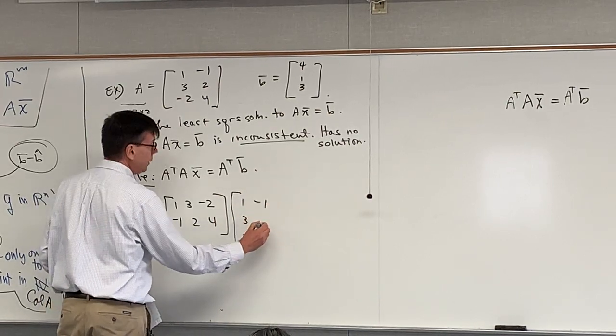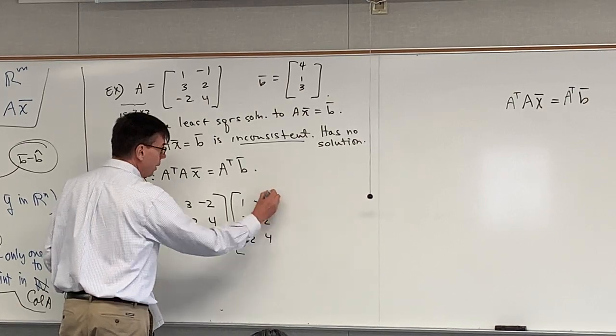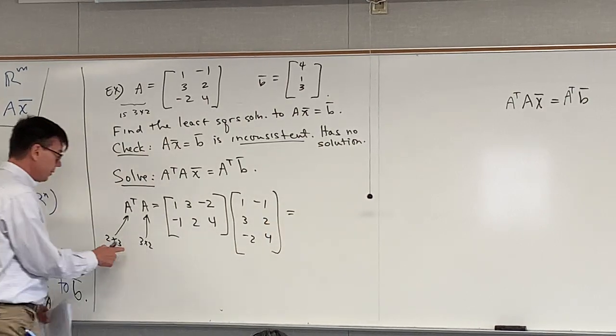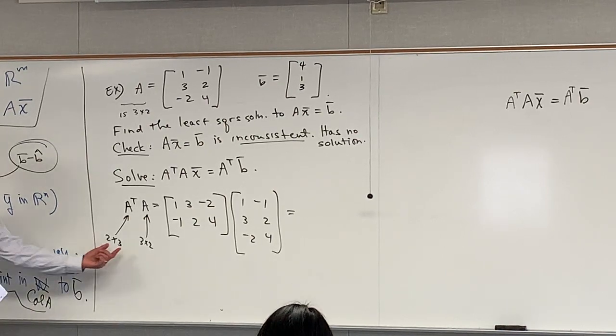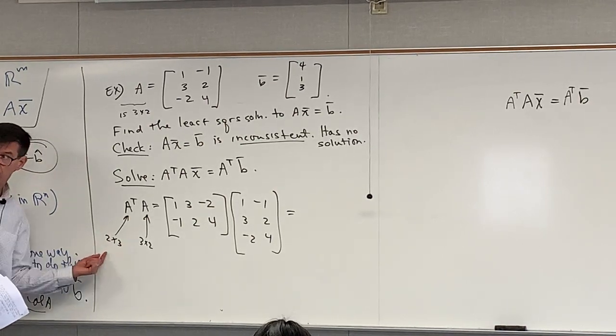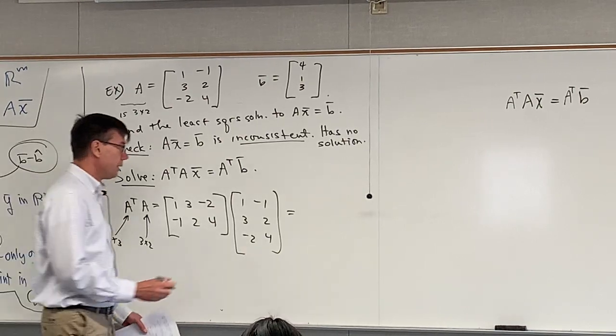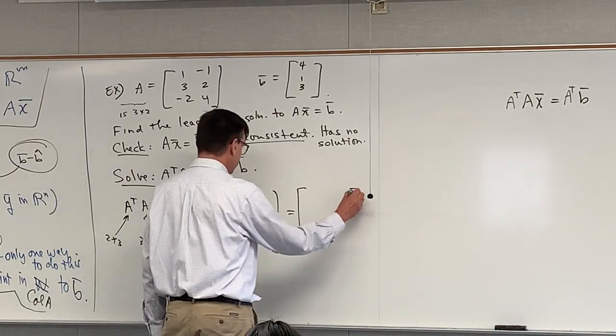When you do a matrix times its transpose, you always get a square matrix, right? Because this inner dimension is going to cancel out. We're always going to end up with the same on the outside. So we're going to end up with a 2 by 2.